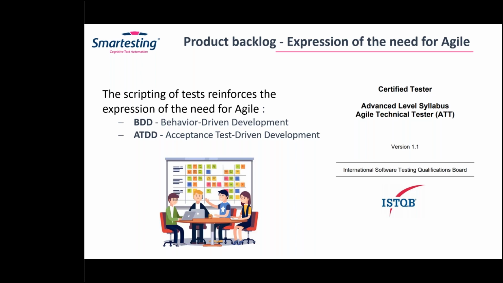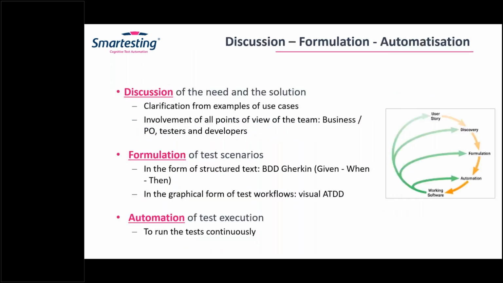And as a matter of fact, this is also true for visual ATDD. So how do these approaches address what I was just talking about, the expression of need itself, and how it is represented? Visual ATDD uses a graphical representation of test workflow to discuss and to formulate test cases at the feature or the business process level to be implemented, to produce tests at the application or inter-application level.